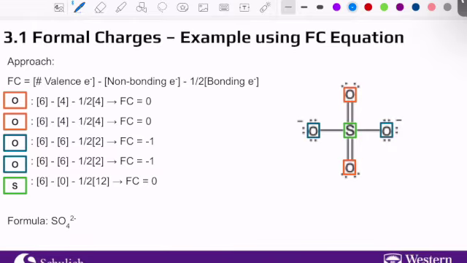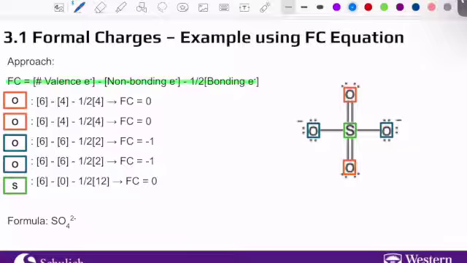So really understanding how formal charges work, I think, is best illustrated through a few examples. So I've prepared a few examples to show using the equation that I have listed here, as well as the shortcut method. In terms of using this equation, we're going to first calculate the charge associated with the two oxygens that I've labeled with orange.